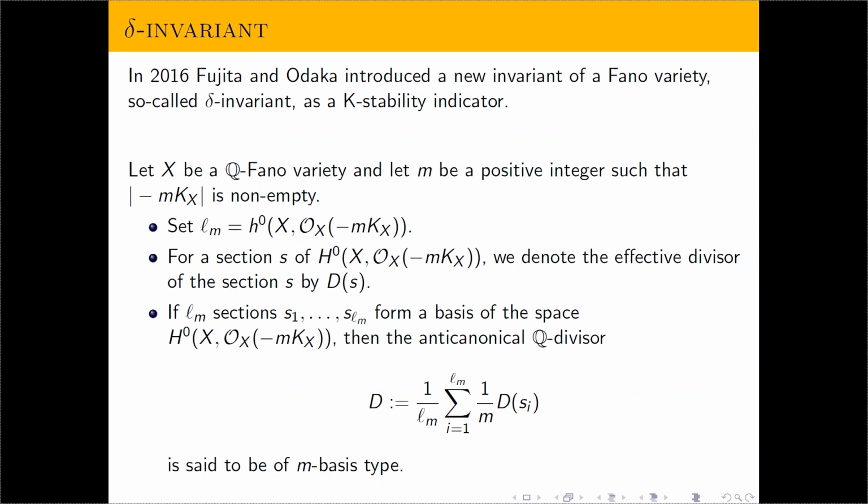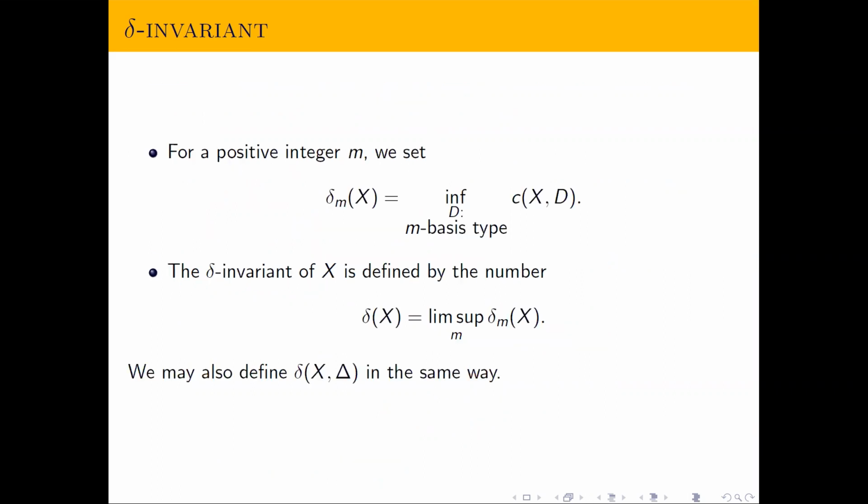This kind of divisor is called an m-basis type divisor. Then you measure the singularity of this divisor using the log canonical threshold, and you take the infimum. That's the m-th delta invariant, and the limit exists by Blum and Jonsson. So that is called the delta invariant of X.